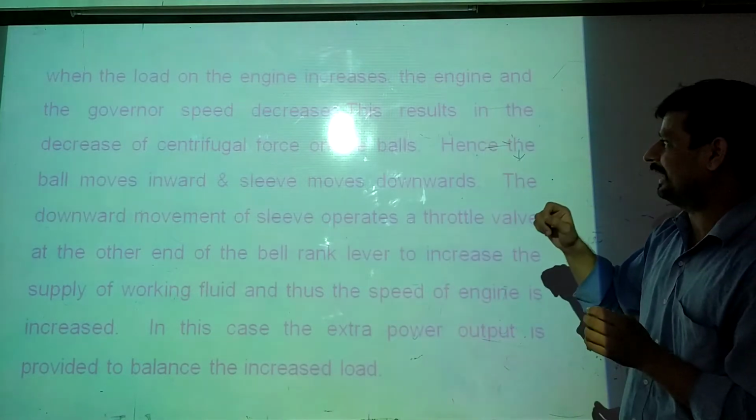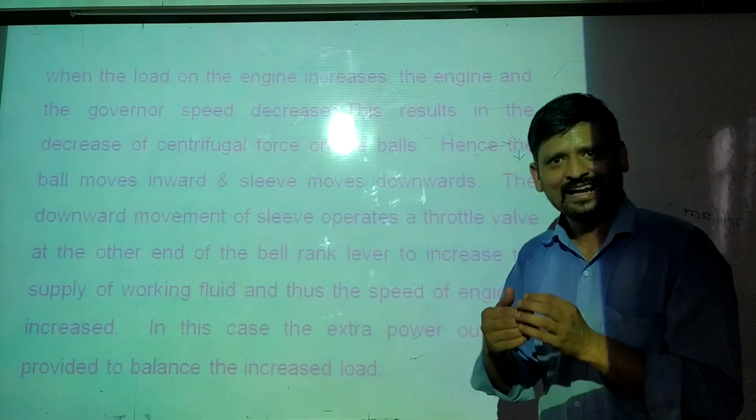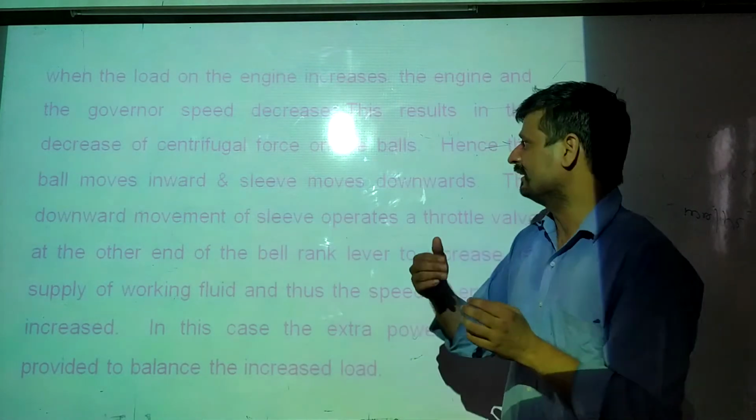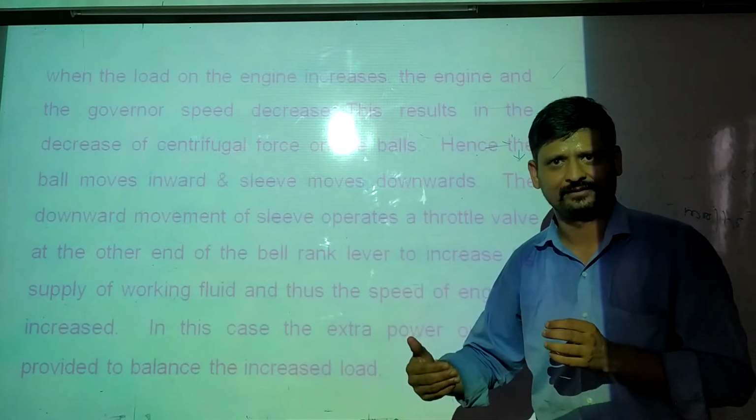So now at this time, during this condition, there is an attachment that causes the movement of this sleeve in a downward direction. Okay?